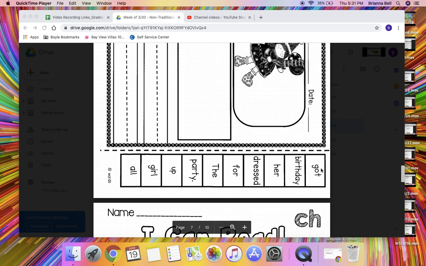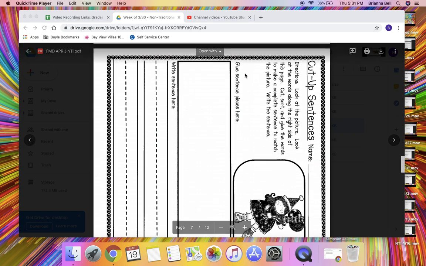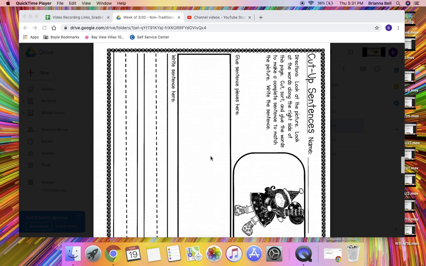Your words are got, birthday, her, dressed, for, the, party, up, girl, and all. So once you cut apart those words, you're going to glue the sentence pieces here in the box. Then you're going to write the sentence here on the lines.